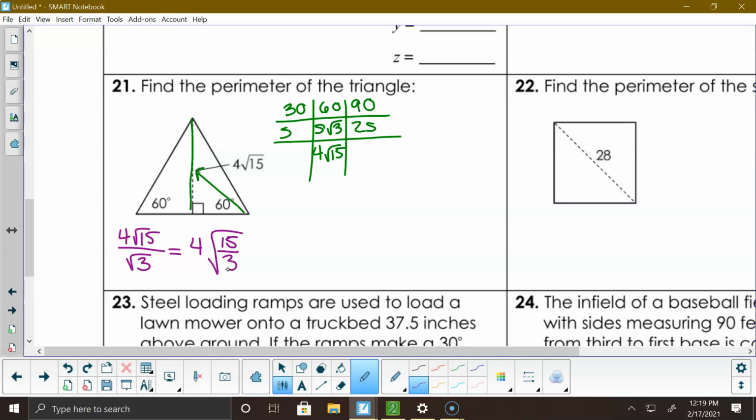So what is 15 divided by 3? So this is just root 5. Which means, what's my hypotenuse? 8 root 5. Now for my perimeter, my perimeter is just going to equal 3 times 8 square root of 5. What's 3 times 8? 24 square root of 5.